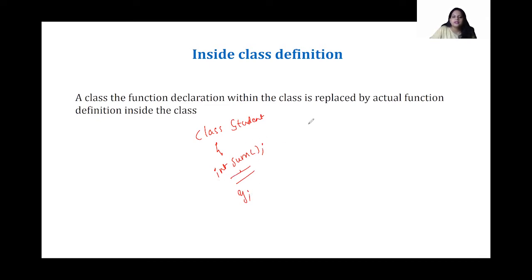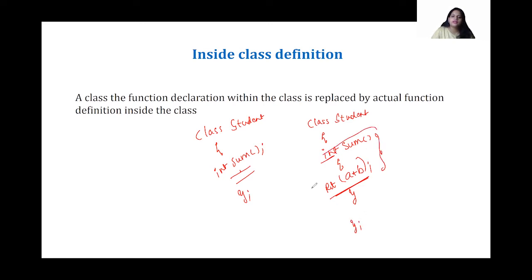But in case I'm writing it something like this, class student, and then int sum, and instead of ending it here with a semicolon, I'm going to write return a plus b. Okay, so when I do that, here I'm returning a value which is of type int, and the entire code of the function I have also mentioned within the class.